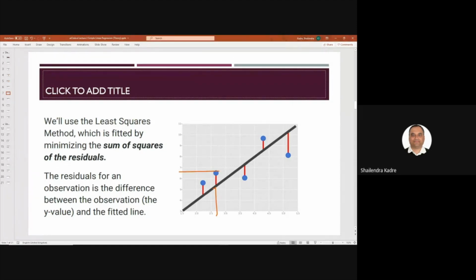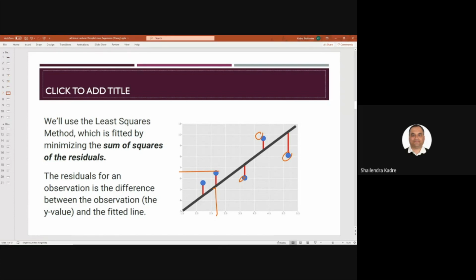So the x value is approximately 2.75, and the y value is approximately 6.8. That's where the second dot is. Then similarly we have the third dot, fourth dot, and fifth dot.